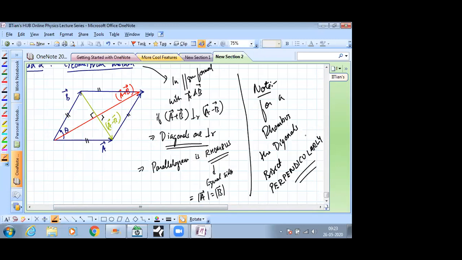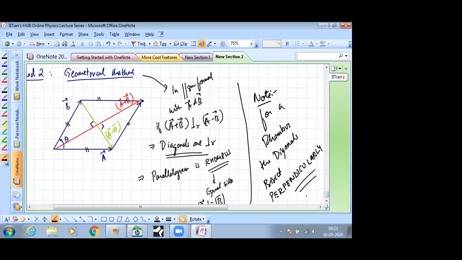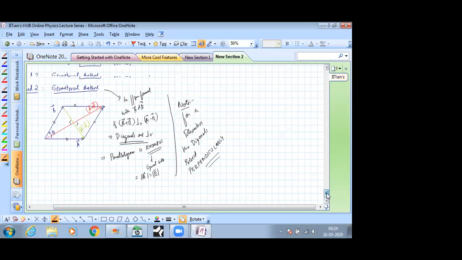So we make use of this property when we are doing the geometrical solution of this. Okay. So I'll just leave you with a bit of time to go through both these solutions.